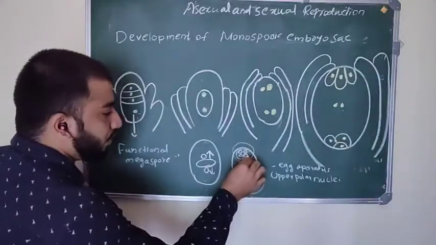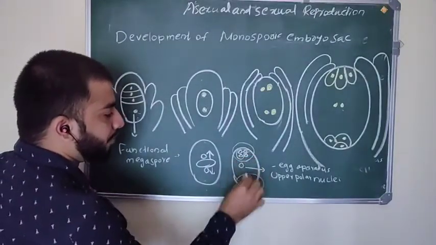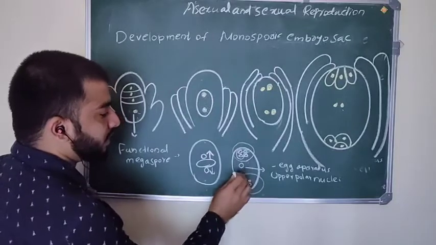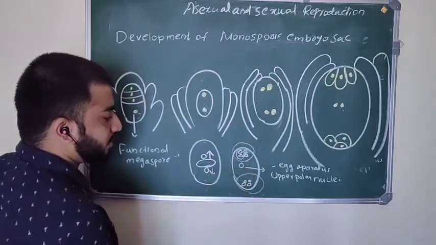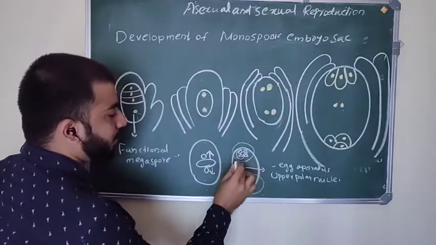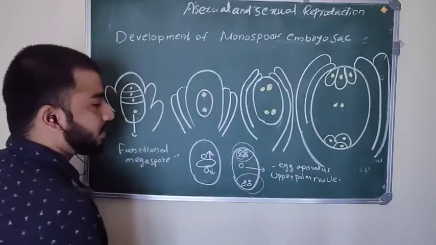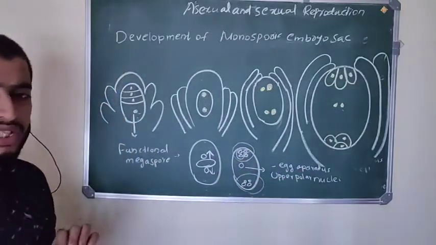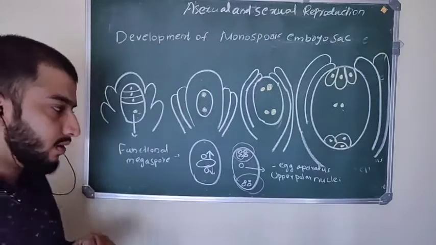So one of the daughter nuclei becomes the upper polar nucleus, present in the central cell cytoplasm. The other three daughter nuclei organize into the egg apparatus. Egg apparatus means two synergid cells and one egg cell.